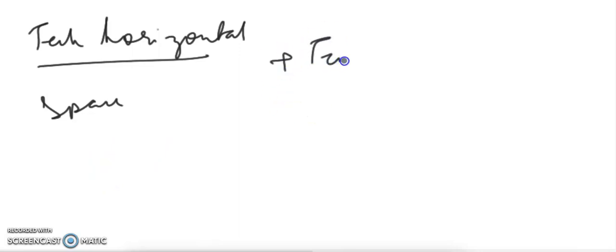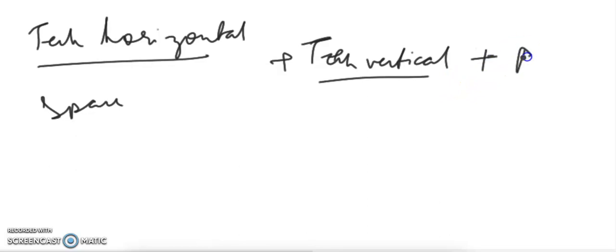Then you have to go tech vertical: how does the Android file system work, what are the nuances to it, what is the current file structure, what is stored where. So you have to go tech horizontal to understand the space, tech vertical to understand your particular space, and then you have to get the PM lens.